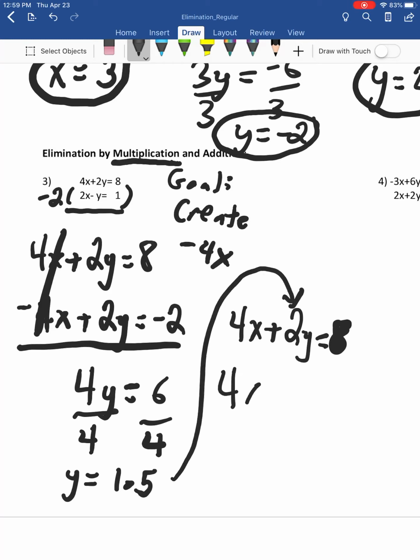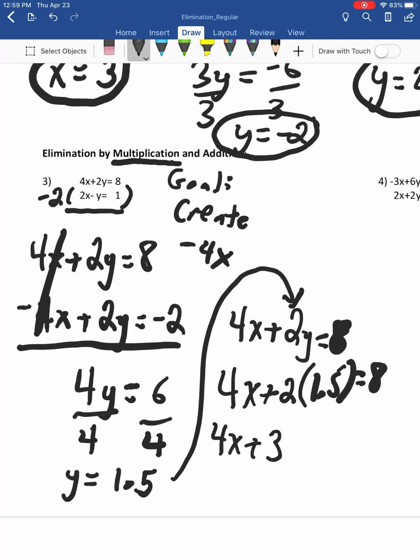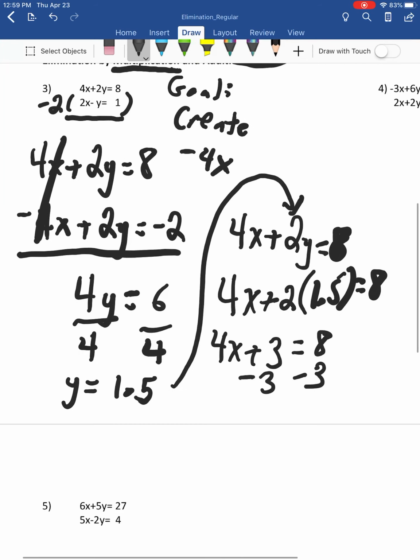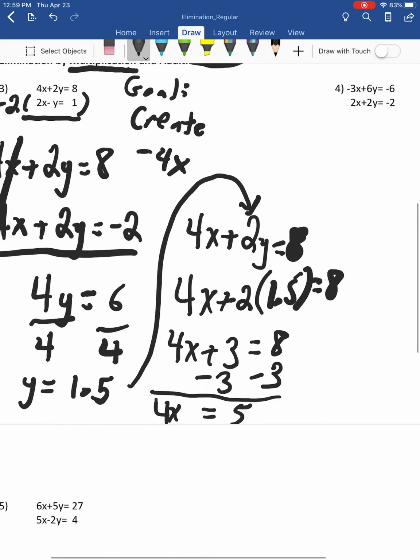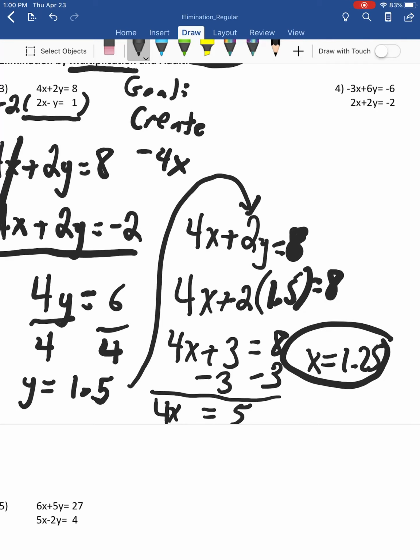So I'm going to go 4x plus 2 times 1.5 equals 8. 4x plus 2 times 1.5 is 3, so 4x equals 5. And by the way, decimals are going to be okay for this. When we divide everything by 4, x is going to be 1.25.